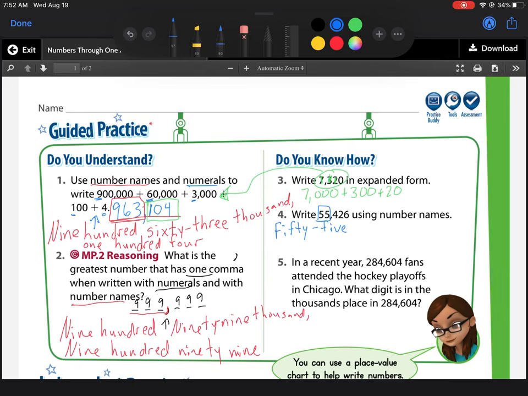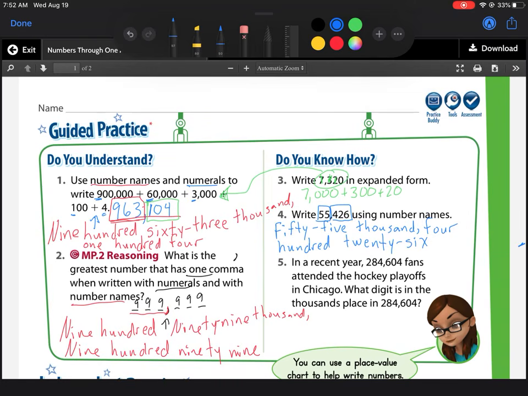That's my thousands place value. So it's 55,000. And then my next grouping is this right here. So I'm going to write 426. That is my number name with it.